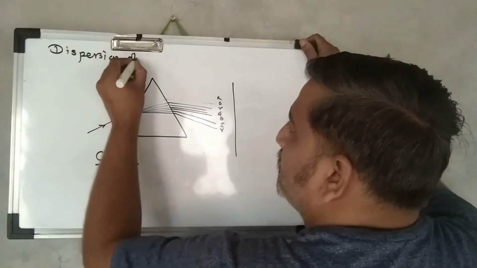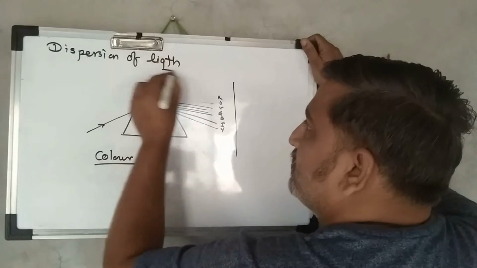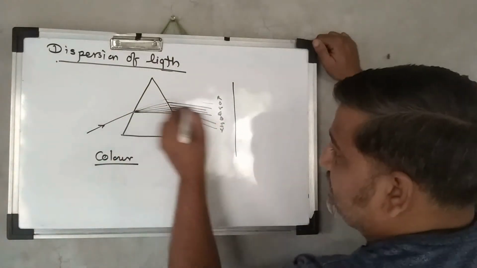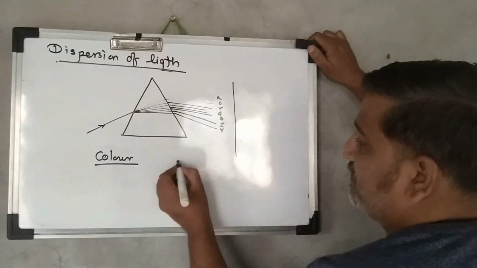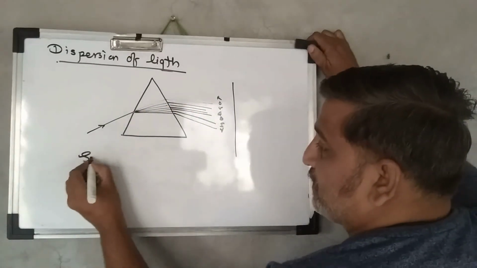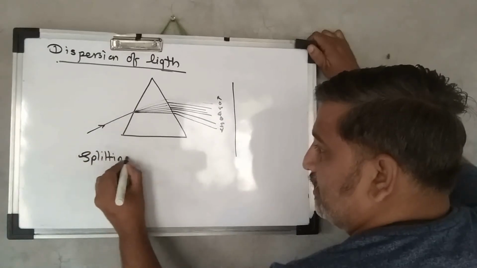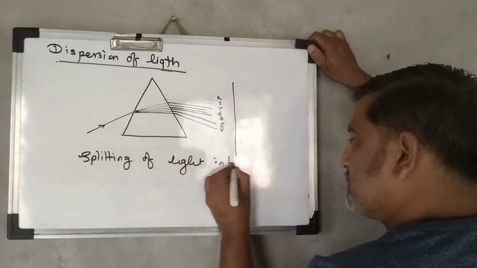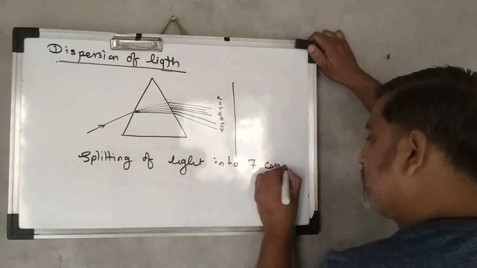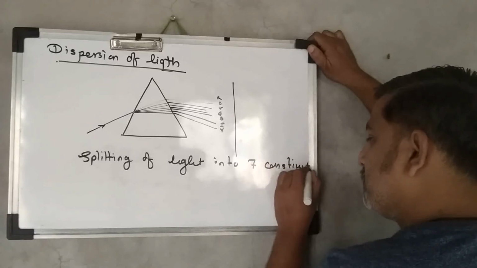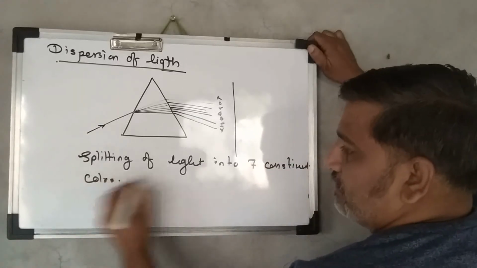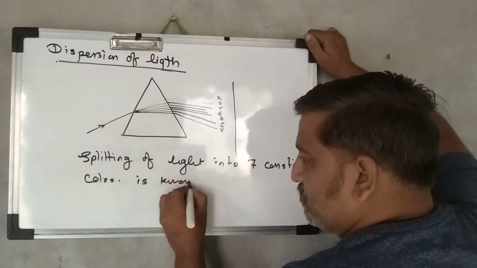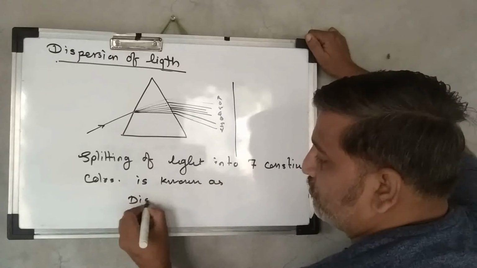Now our question is, what is dispersion of light? We are studying this concept. We can see that here the light gets split up. So I can write this definition as: the splitting of light into seven constituent colors is known as dispersion of light.